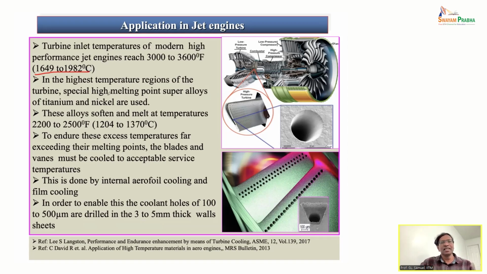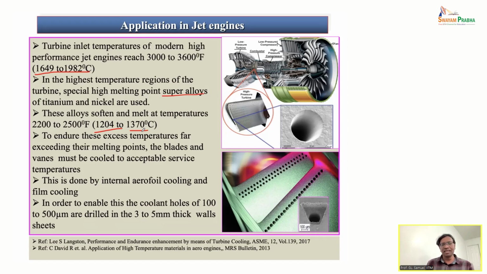But if you look at the materials, the superalloys, basically titanium and nickel alloys, these materials will get softened beyond these temperatures. That means the working temperatures are much higher than the softening temperature of the material.